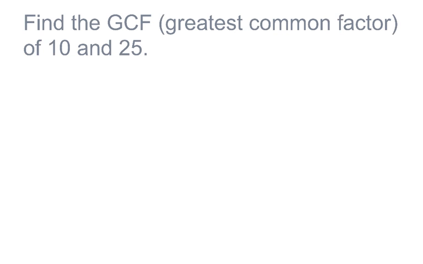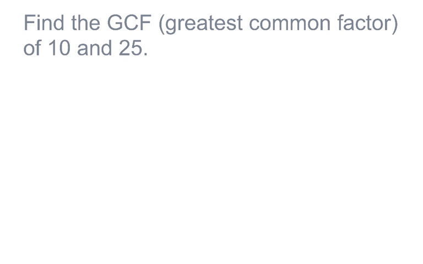So if you see a problem that says find the GCF or find the greatest common factor of 2, or sometimes maybe more than 2, 3, 4 numbers, your job first is just like when we listed the first few multiples when finding the least common multiple, we're going to list all the factors.